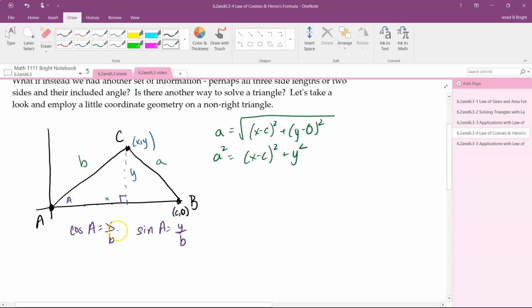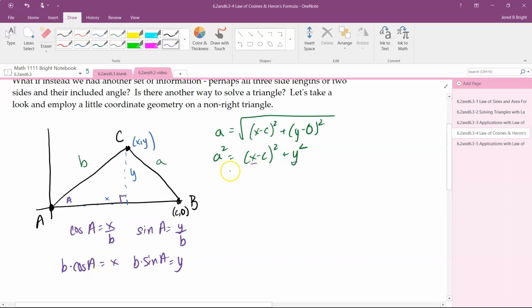I don't know yet. Well, I have x and y, so maybe it's useful to solve for x and y. This would be b cosine A equals x, and similarly here, y equals b times sine of A. Great. Let's substitute those in because I can work with sine and cosine of an angle.